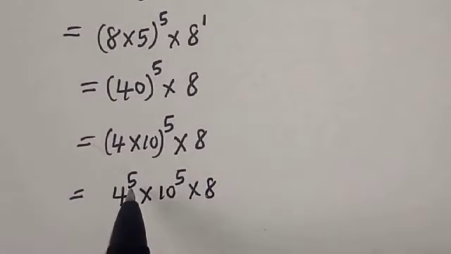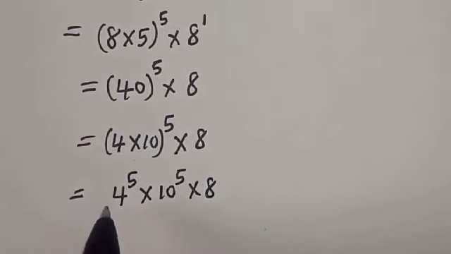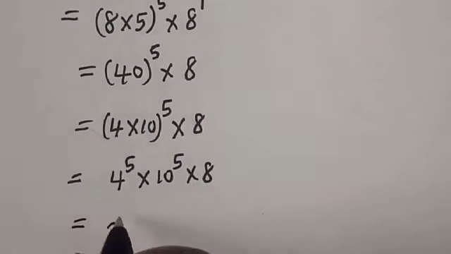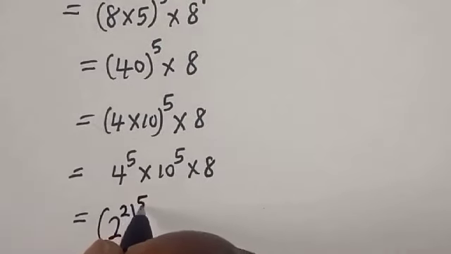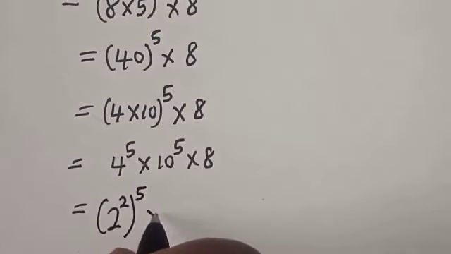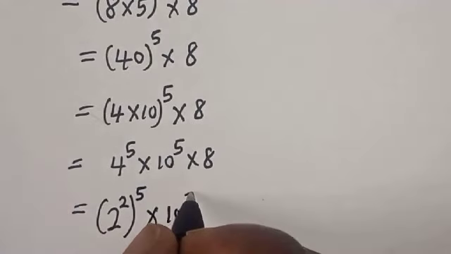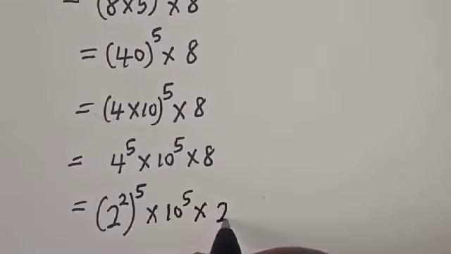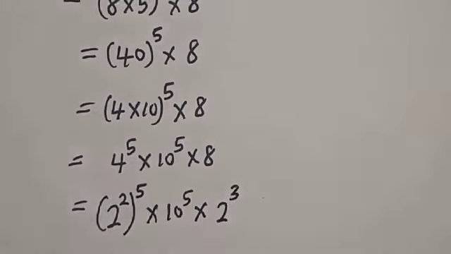Now this 4 raised to power 5 can be written as 2 raised to power 2, to the power of 5, multiplied by 10 to the power of 5, multiplied by 8, which can be written as 2 raised to power 3.